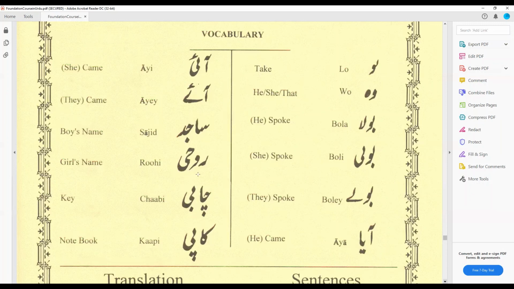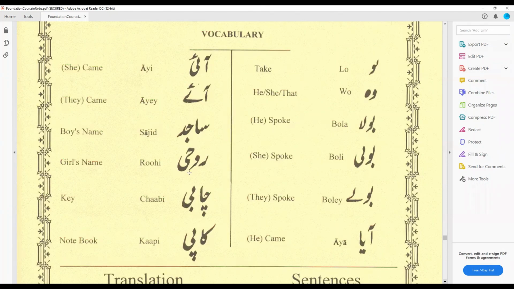Next we have a girl's name, Ruhi. Any girl can be named Ruhi. Ruhi can be a child, your sister, your classmate, your cousin, anyone.